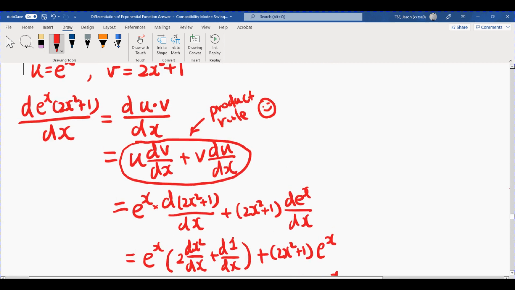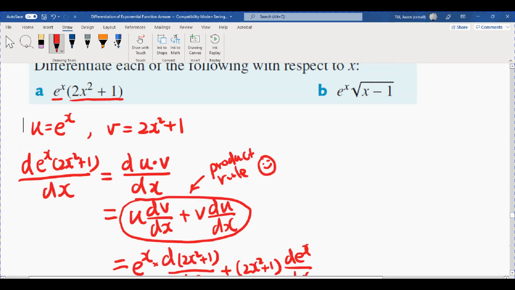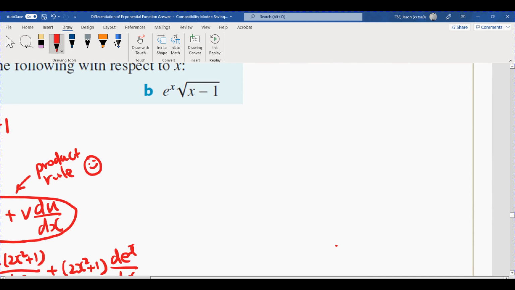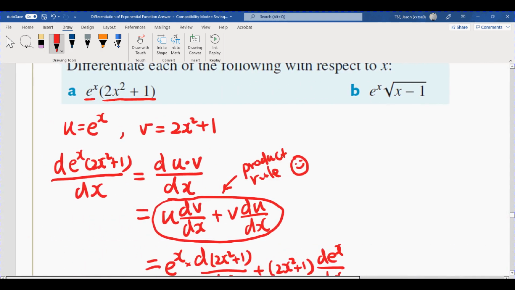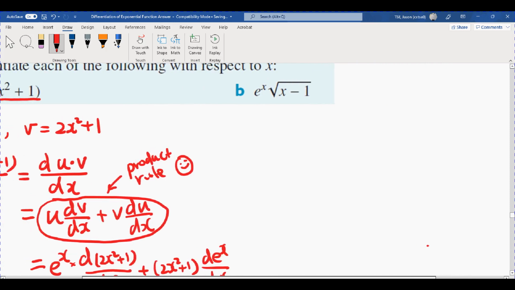So if you're okay with that, let's try another one. This one, you need a little bit of revision on the chain rule for the product rule. Again, for this one, I'm asking you to use that product rule again.